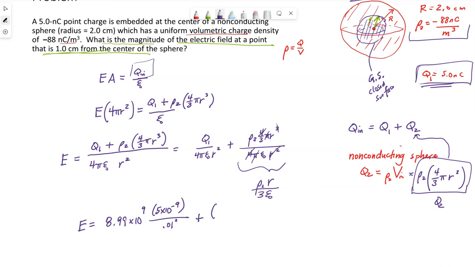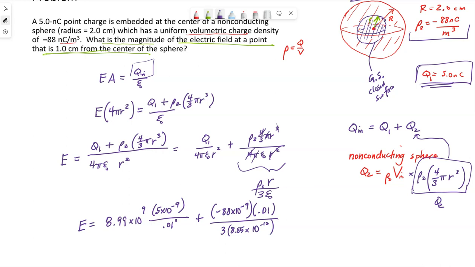For the non-conducting sphere portion, we have our charge density. We have R 0.01 over 3 epsilon naught.